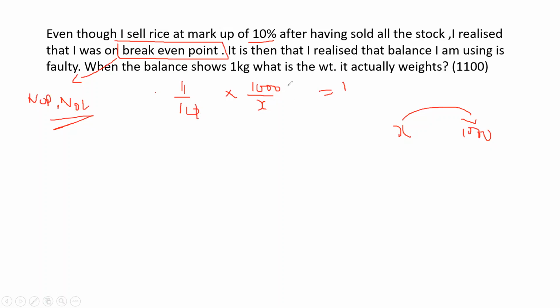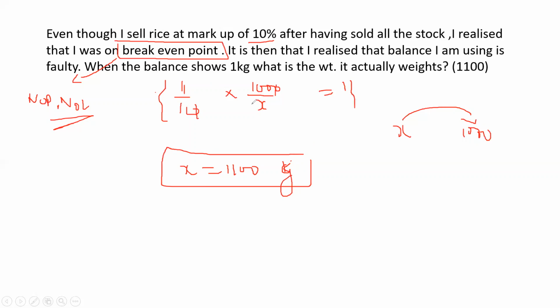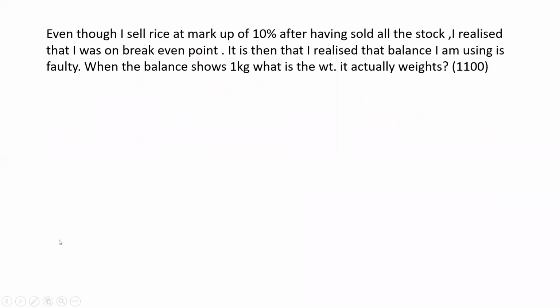This gets cancelled, x there, and 1100 grams. Sorry, my bad. This is your answer. See, a one-step solution, in fact. The new term break-even point, nothing new. Okay, fair enough. Next question.